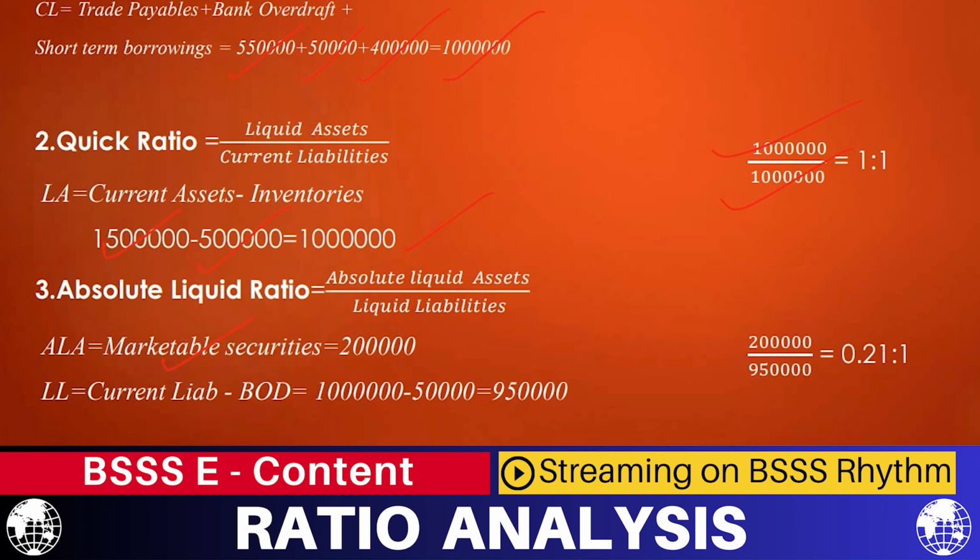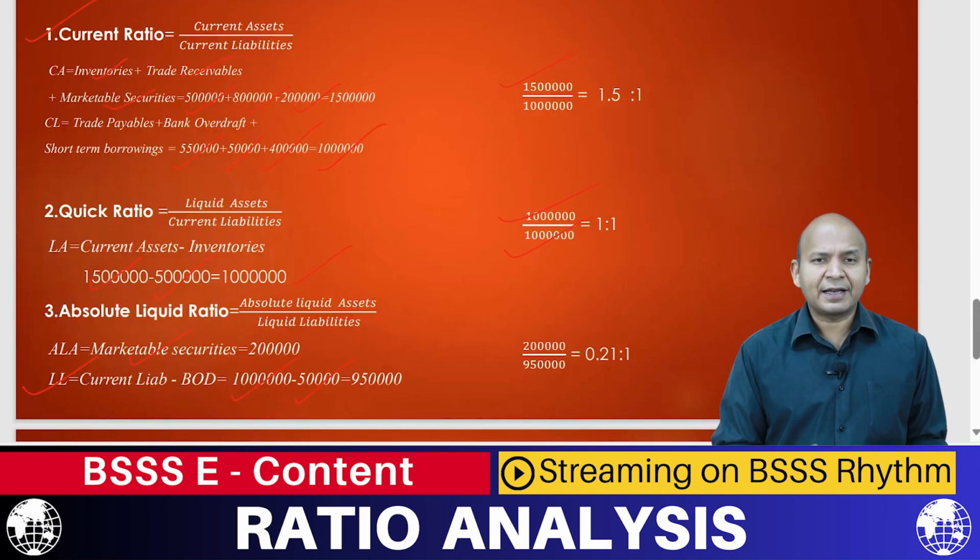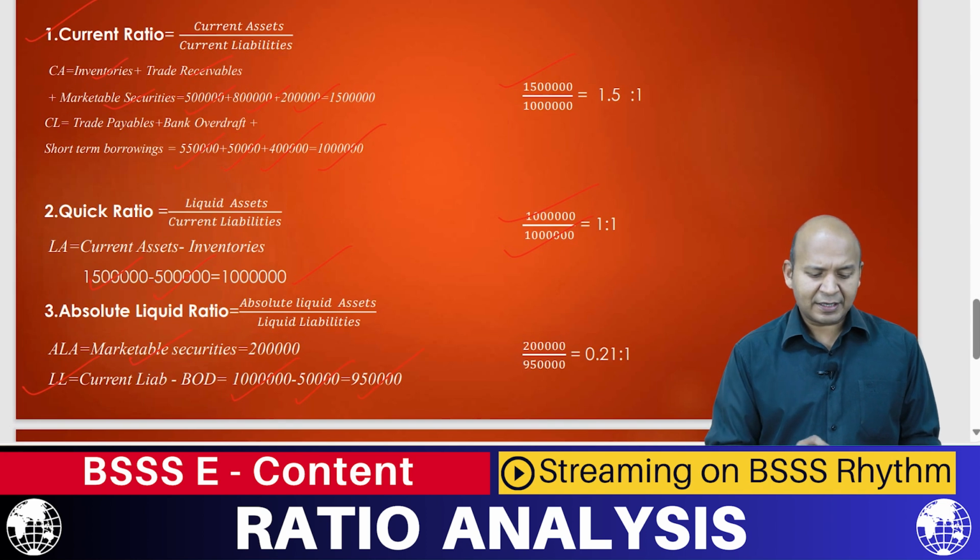And for calculating liquid liabilities, the formula is current liabilities minus bank overdraft. The amount of current liability was 10 lakhs and the amount of bank overdraft was 50,000. So, from 10 lakhs, when we deduct 50,000, 9,50,000 is the liquid liabilities.